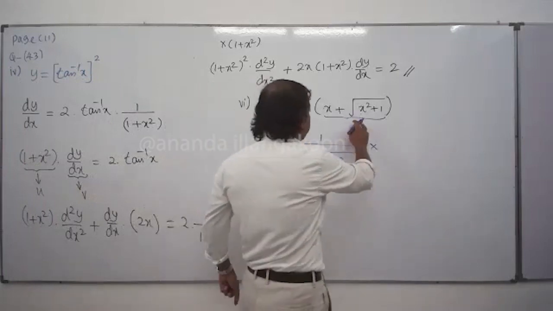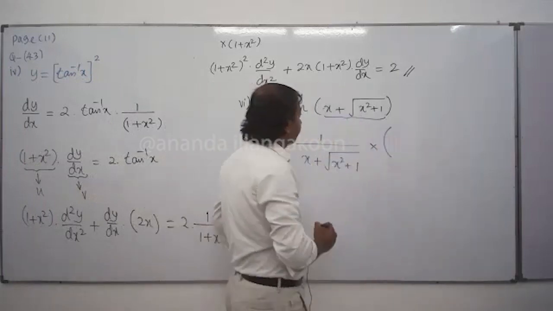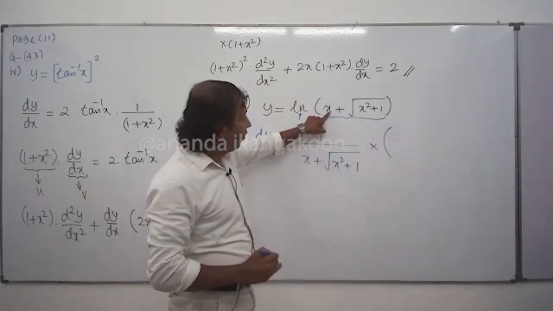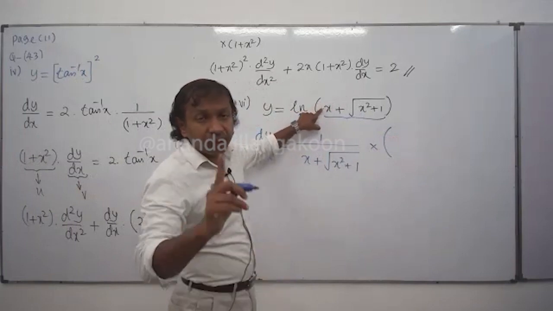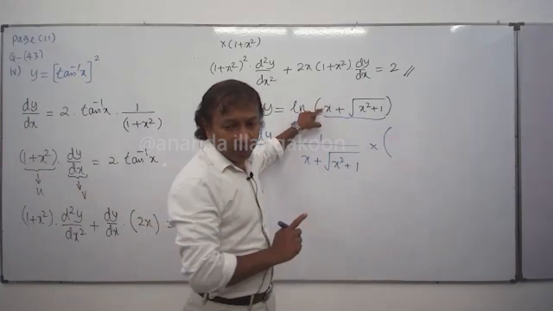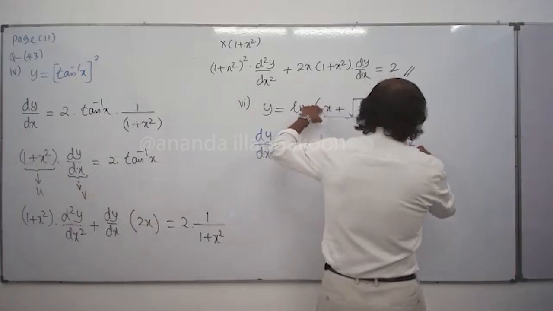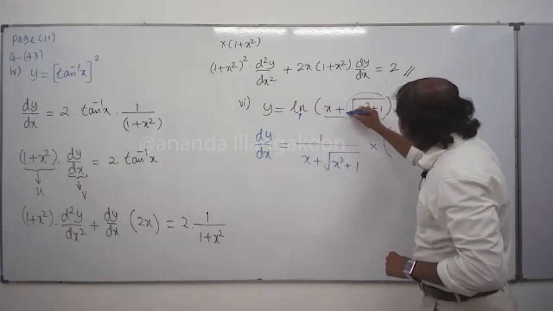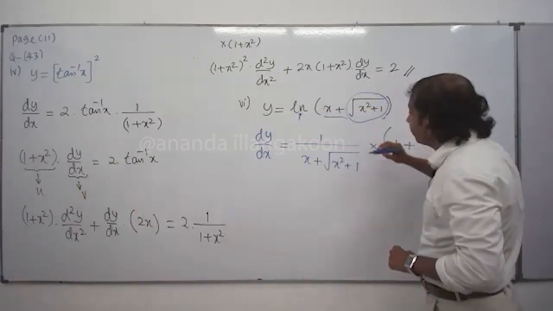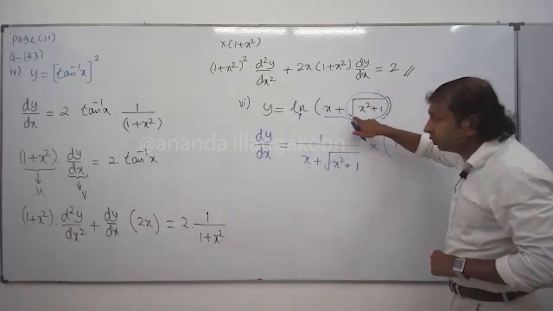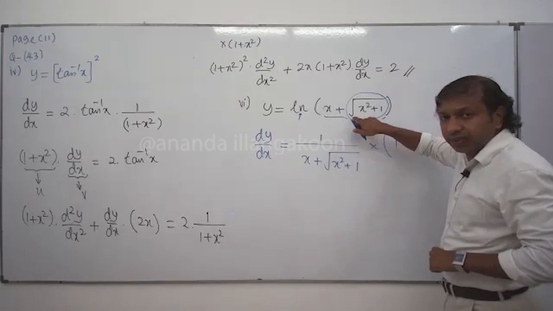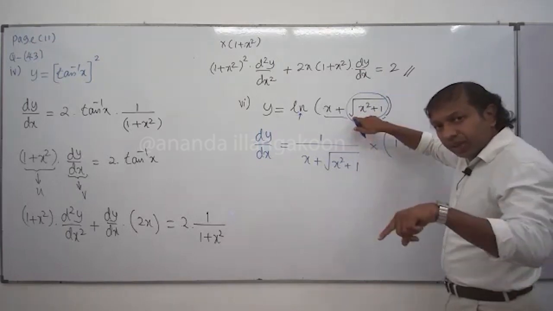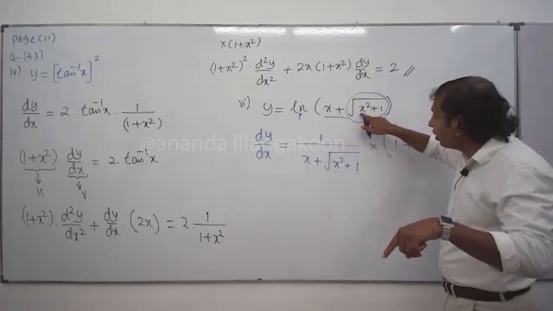It contains 2 terms, right? First is x. When you differentiate x, derivative of x with respect to x, people, is 1, right? Put 1 there. Now we have to differentiate this. When you differentiate these, people, what is the method? First differentiate this root sign. Thereafter, it should be multiplied by the derivative of the inside function.